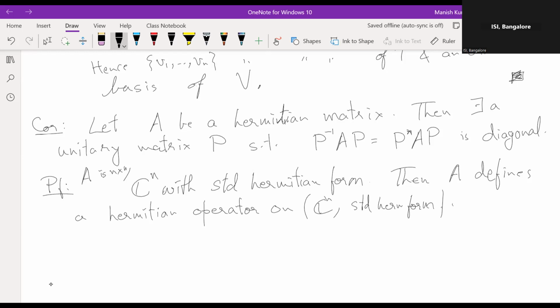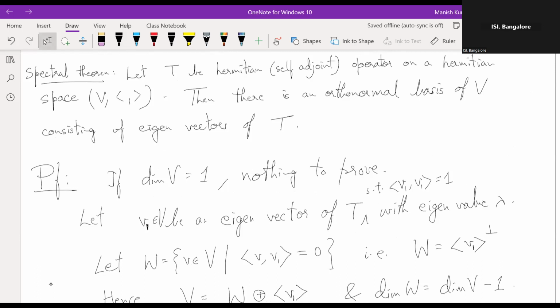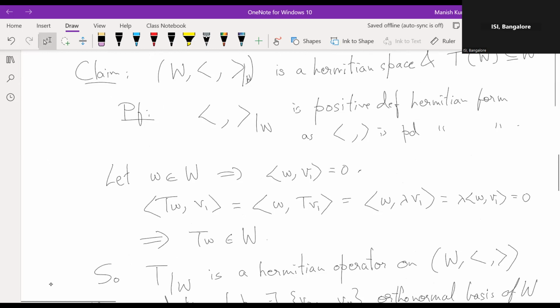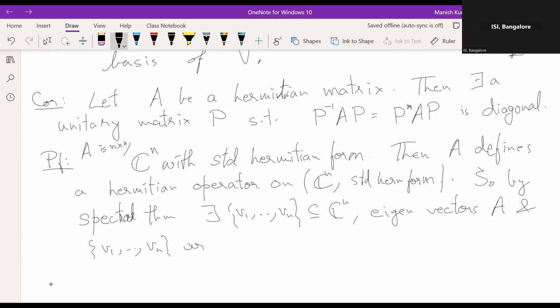So by this spectral theorem, there is an orthonormal basis of V consisting of eigenvectors of T. So by spectral theorem, there exist vectors, let's call them column vectors V1 to Vn in Cn, eigenvectors of A, and V1 to Vn are orthonormal vectors.